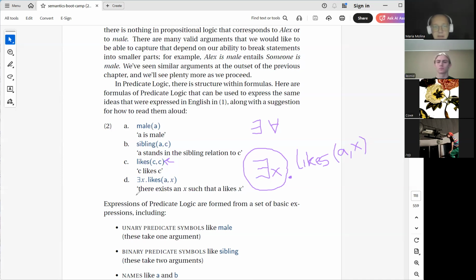And it's read as there exists an X such that first part Alex, formula likes, second part X. There exists an X such that Alex likes X. Okay.